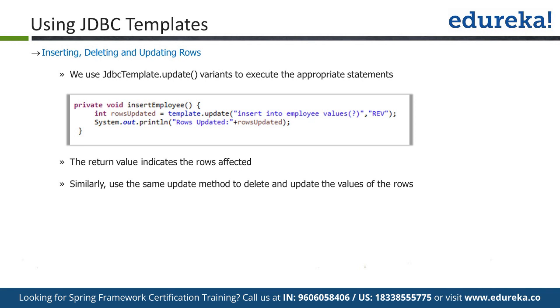If you have to insert records, update records or delete records, then you can use the jdbcTemplate.update method, which executes any of your DML statements, whether insert, delete, or update. The return type of the update method is integer, which gives the number of rows updated, inserted, or deleted as per your SQL statement.